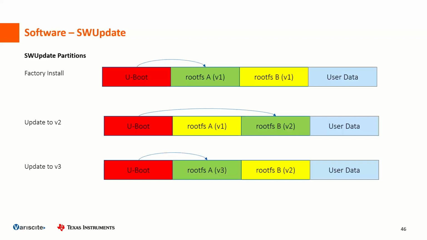But you don't install it in the active partition, you install it in the inactive partition. So in the inactive partition, you now have version 2 of your file system. Once everything is fully completed and successfully updated, only at this point, the system updates the U-boot information to let it know that the next reboot must use the different partition.